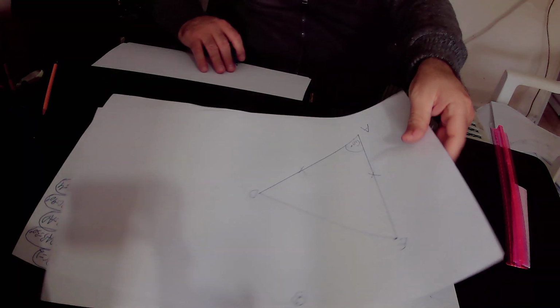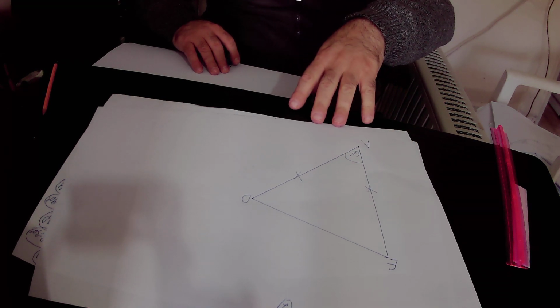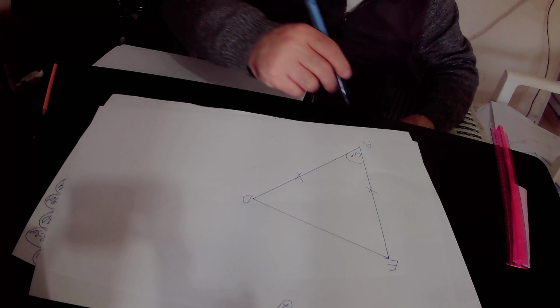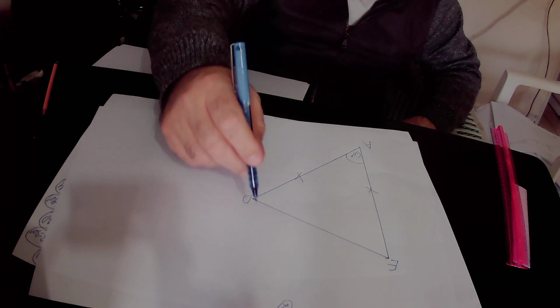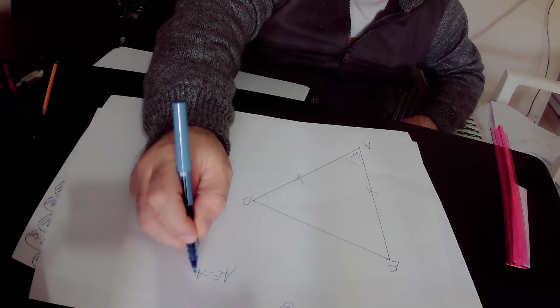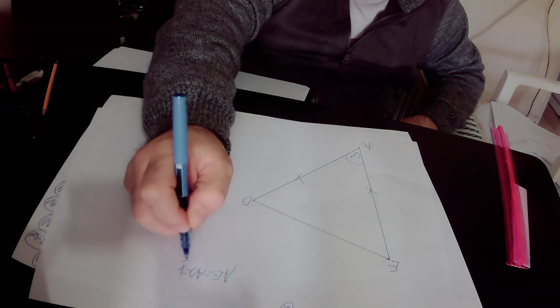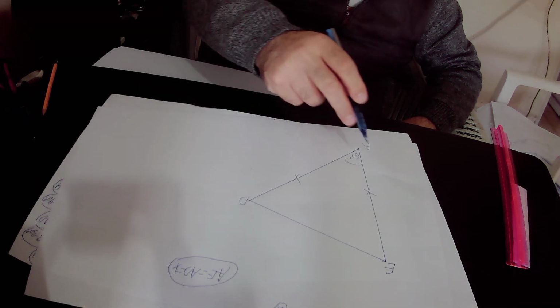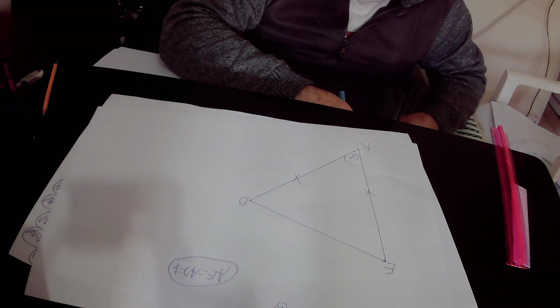So this is triangle AED that I copied from the original image. We know that AE equals AD equals x, and again angle DAE equals 60 degrees.